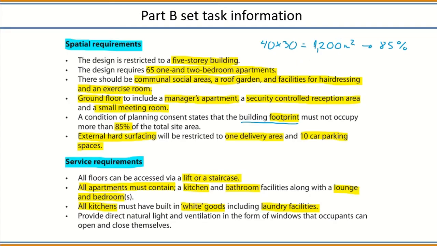So I will multiply 1,200 times 0.85, which is 1,025 meters square. If the building has 5 stories, means that we have to times it by 5. And the answer is 5,100 meters square.